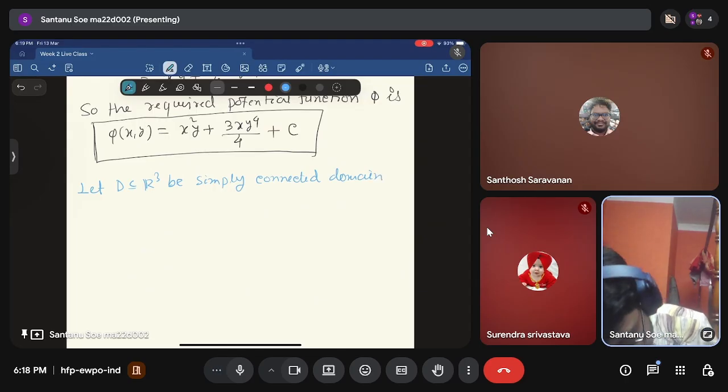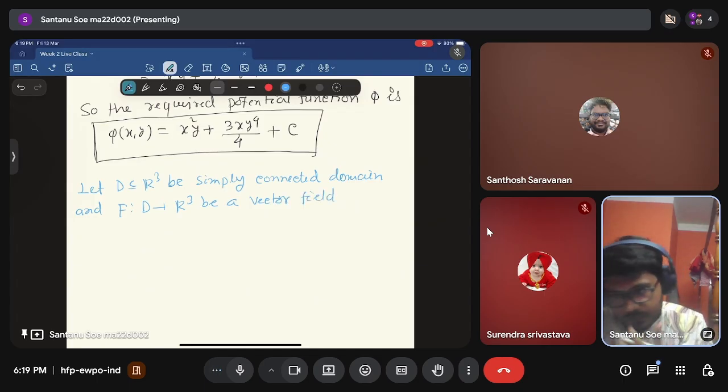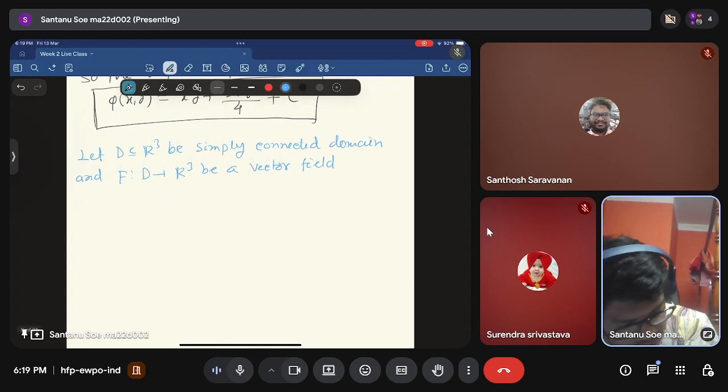Okay, and let f from D to R3 be a vector field. Let me write the vector field explicitly.